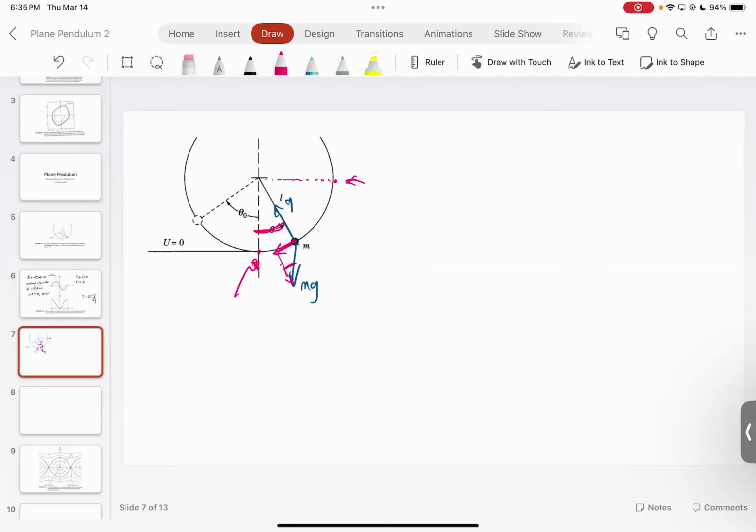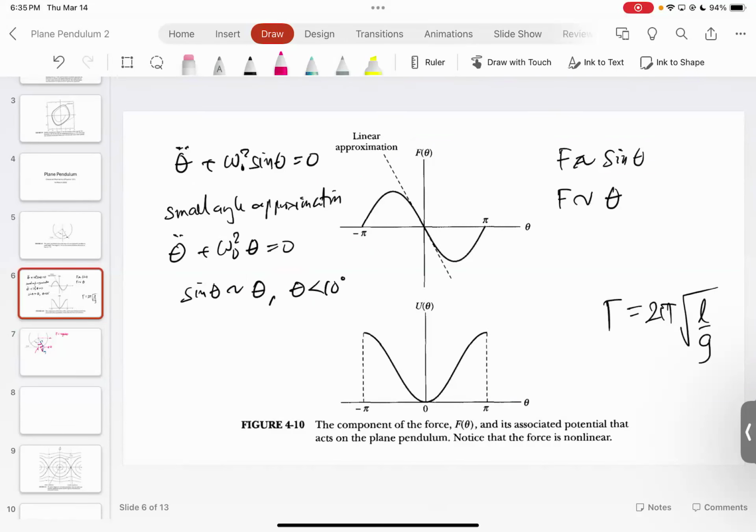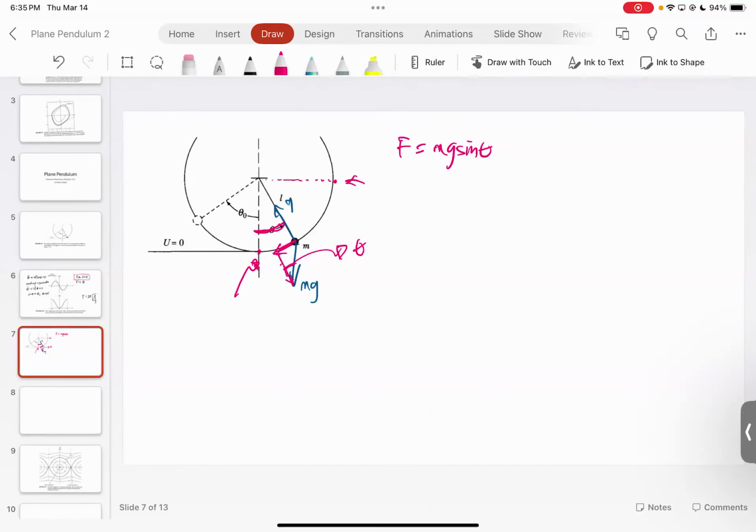So ibig sabihin yung component nung force na nagko-contribute sa swinging motion is mg sin theta. Kaya kanina sinabi natin na proportional siya sa sin theta. Yes. Okay na? Just let me know kung merong hindi clear.